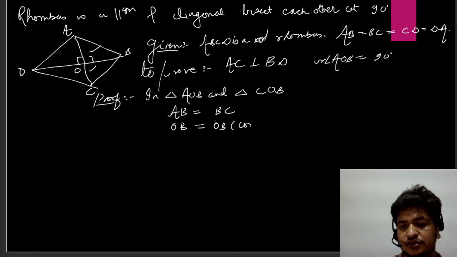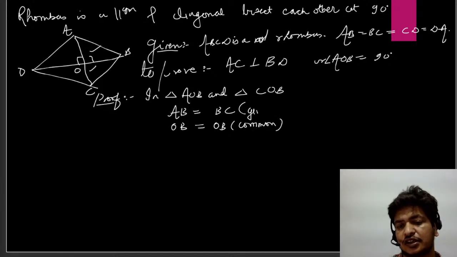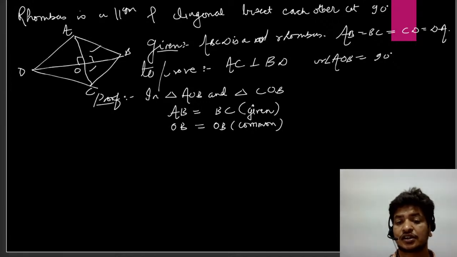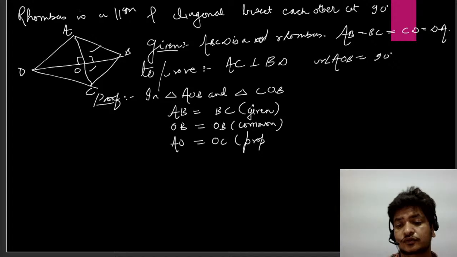Because this one is common. AB and BC equal because this one is given in the question. Third one that is the most important one, that is AO is equal to OC. Why? Because this one is the property of rhombus.